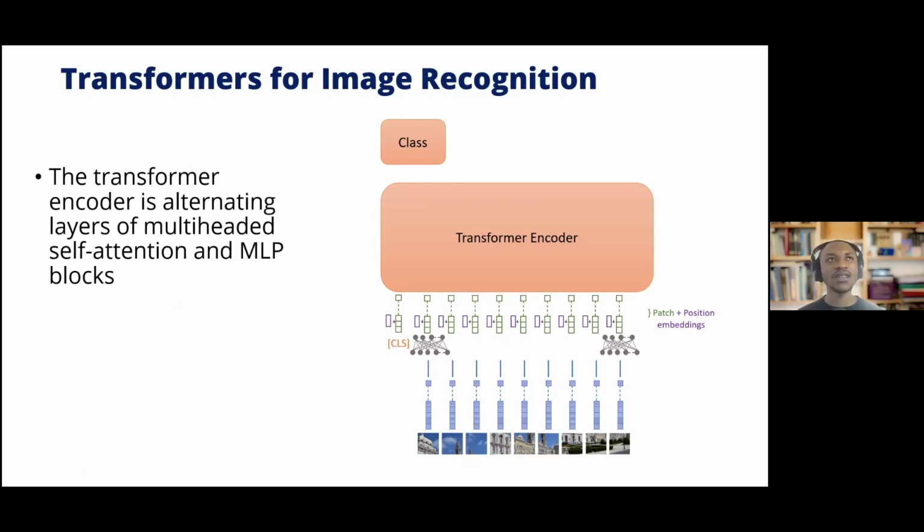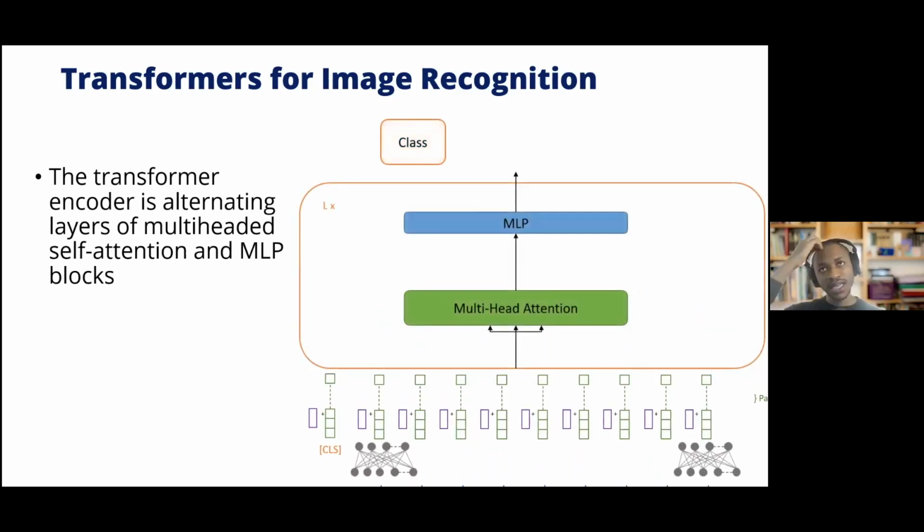So therefore, the transformer encoder is basically an alternating layer of multi-head self-attention and MLP blocks. I talked about self-attention before, but in the multi-head variant, you would have a self-attention layer with more heads in parallel in that same layer. So you can now concatenate the output from all the heads into one in order to pass into this multi-layer perceptron network.